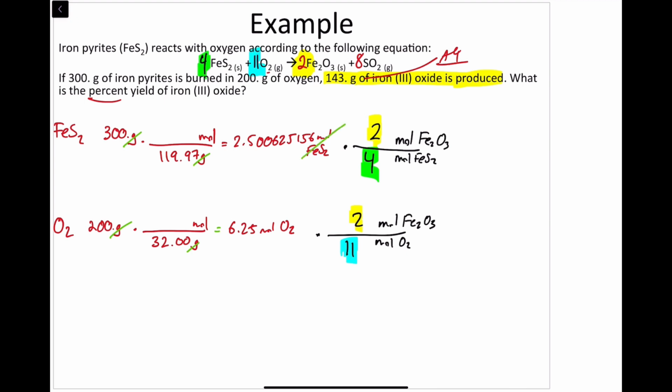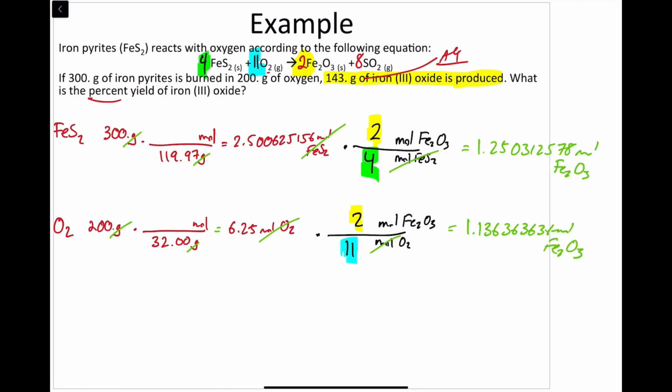Again, by doing this dimensional analysis, we can cross out all of our units, and we are going to get moles of Fe2O3. And what we end up getting is 1.250312578 mole of Fe2O3. And in this case, we get 1.136363636 mole of Fe2O3.